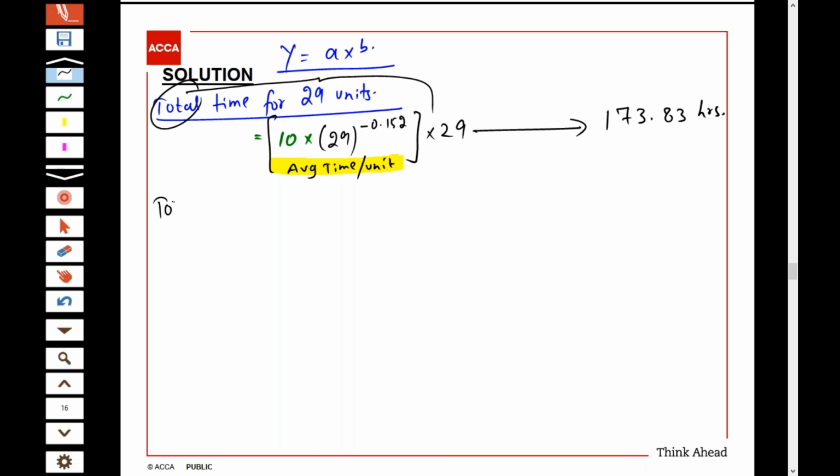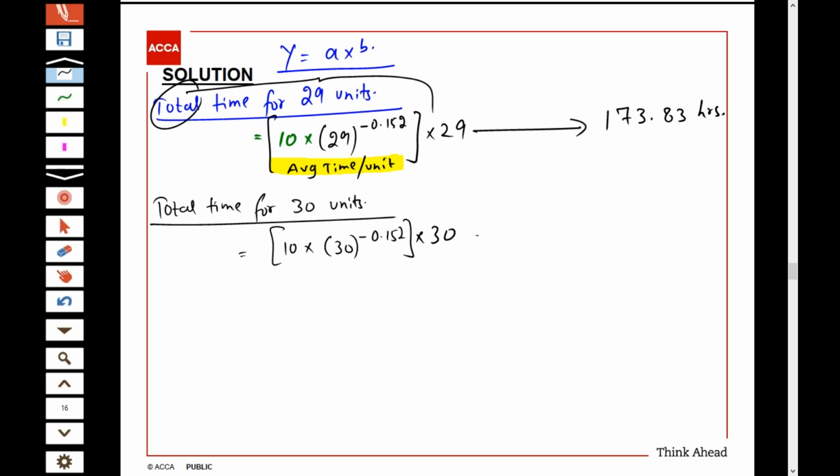Now let's calculate total time for 30 units. It will be 10 multiplied by 30 power minus 0.152 multiplied by 30. That will be 30 power minus 0.152 multiplied by 10 multiplied by 30.